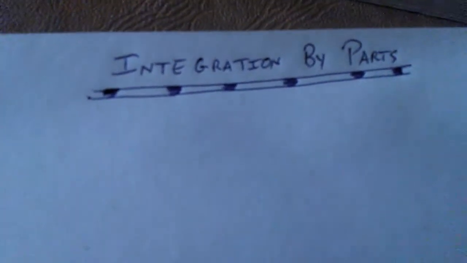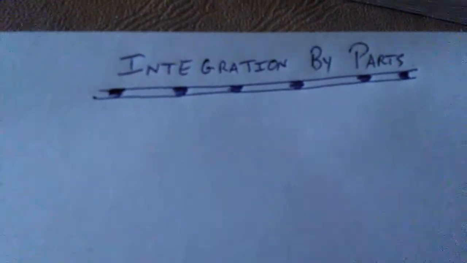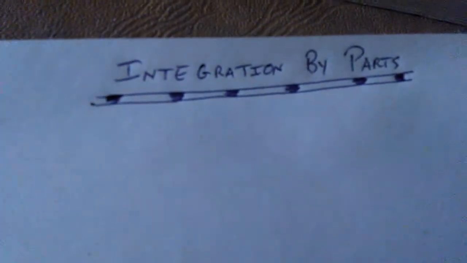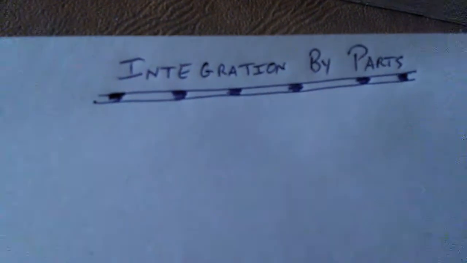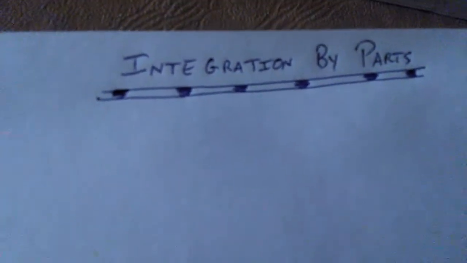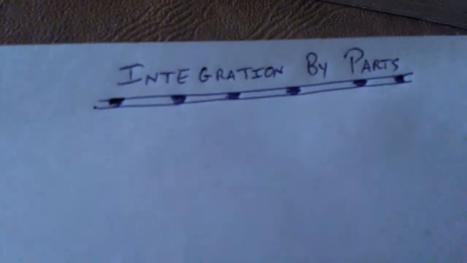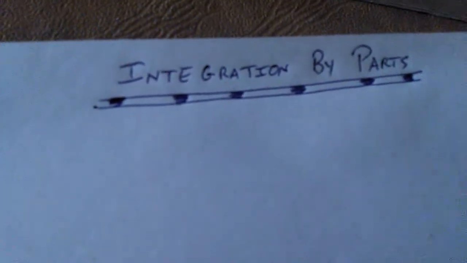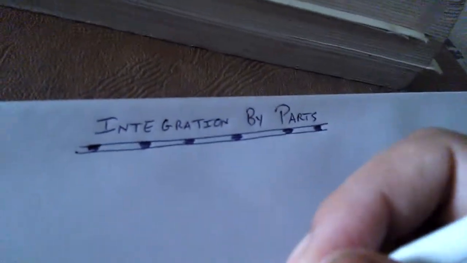And if you have an integrand which is the product of two functions such that those two functions are totally different from each other, and one function cannot be evaluated as the derivative of the other function, then you solve that integrand by means of integration by parts. Okay, so let me give you a very normal example related to integration by substitution and integration by parts.